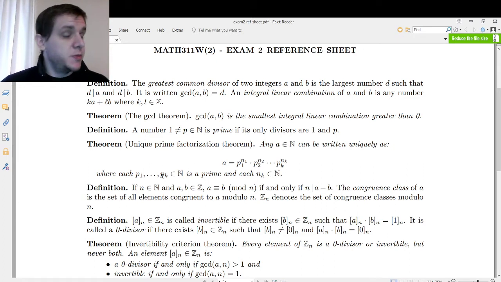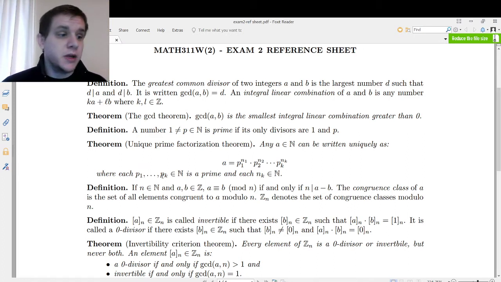As I said in the announcements, the exam consists of 3 computational problems and 1 proof-based problem, and you can use this reference sheet throughout the exam, either up on your screen or print it out. To receive credit for problems, you will need to show your work even for the computational problems.